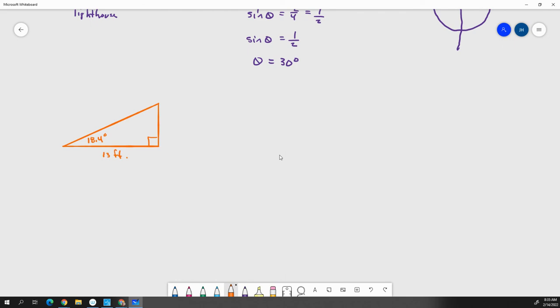I need to find the side lengths of B and C. This is all the information I'm given. Any idea where I might start looking?